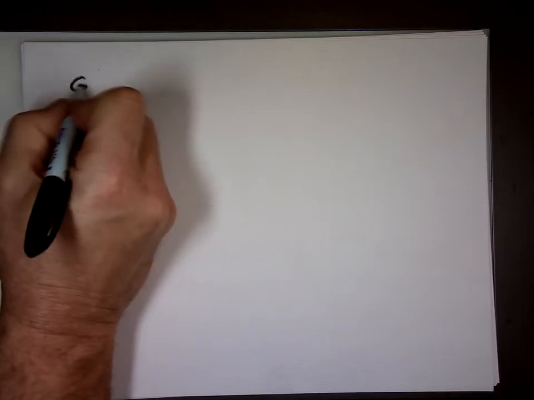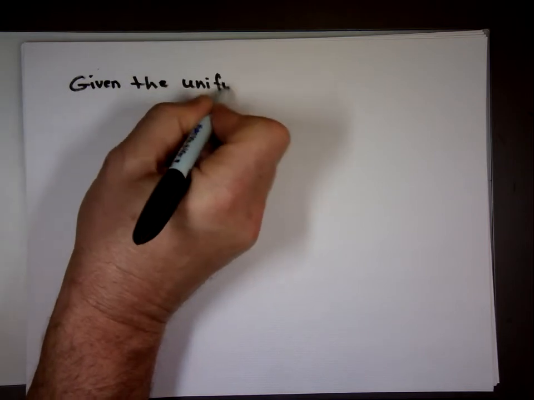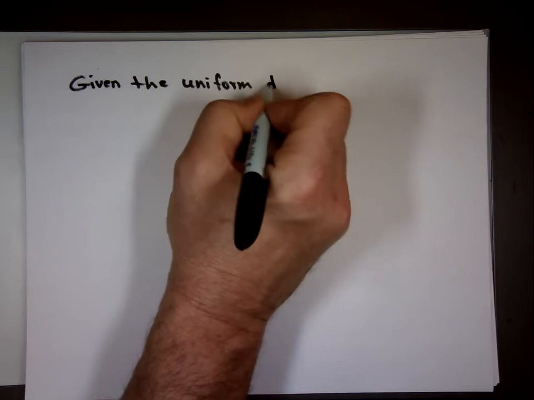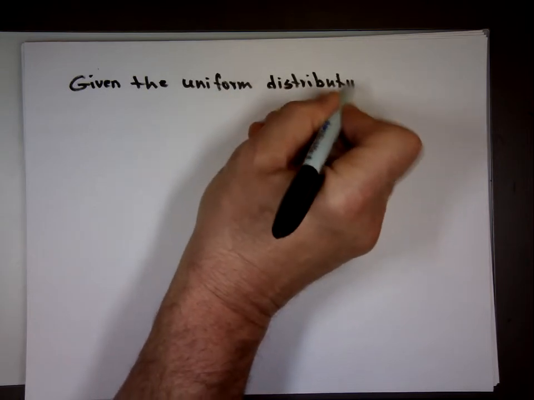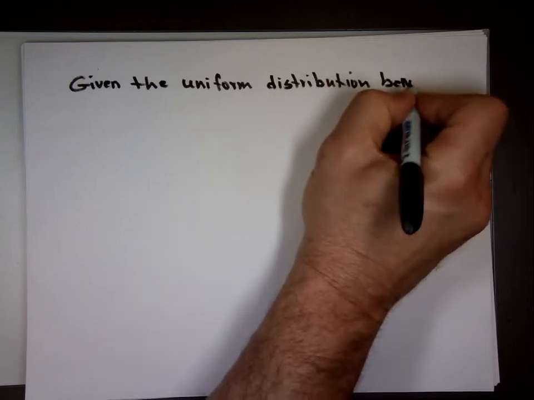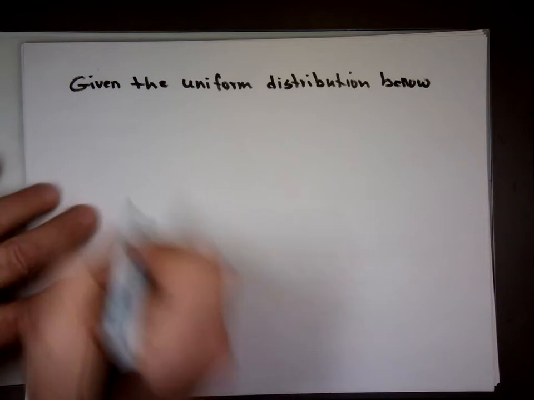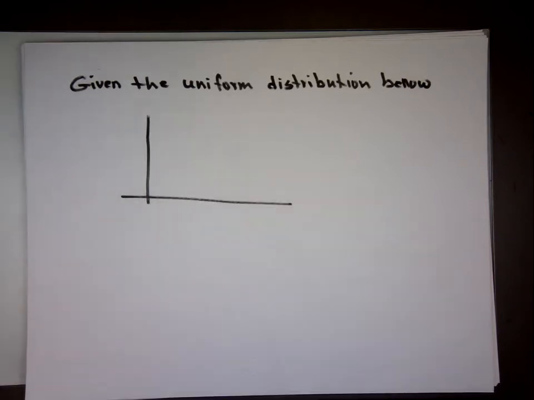So let's assume I'm given the uniform distribution below. Now let me give you a picture of it.